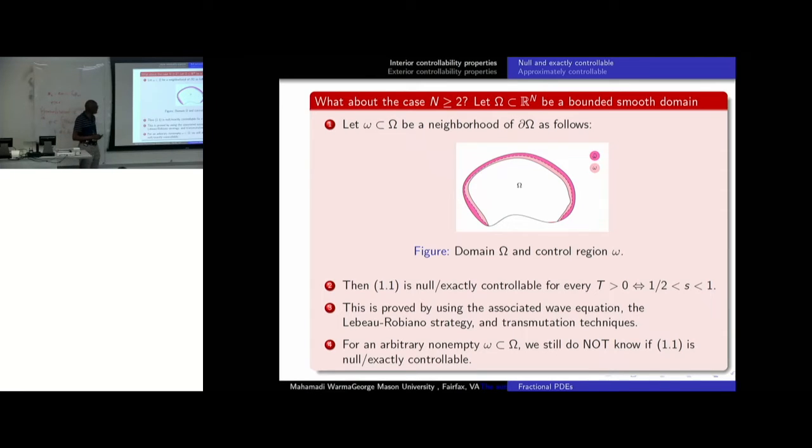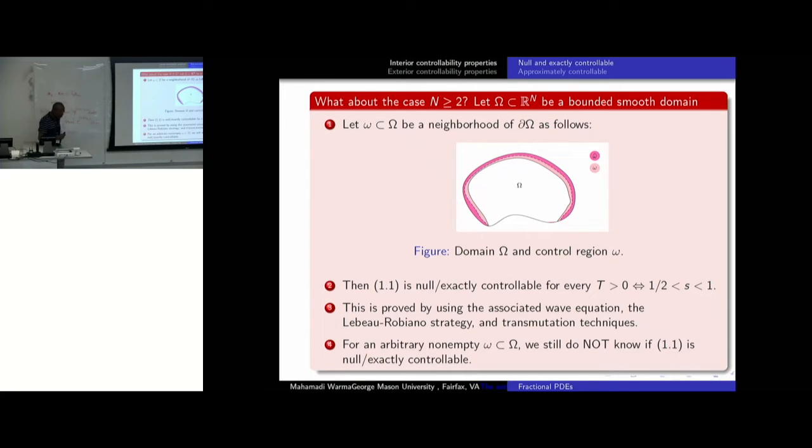What we recently proved is that we know partially how to prove null controllability without using the observability inequality, but unfortunately, our observation domain has to be a certain neighborhood of the boundary. It doesn't work for any open set in omega. But if you have that, we can also prove that we have null controllability if and only if S is between 1/2 and 1.